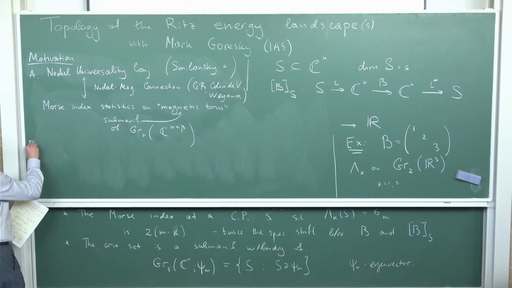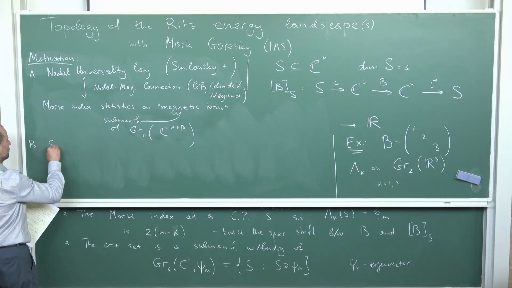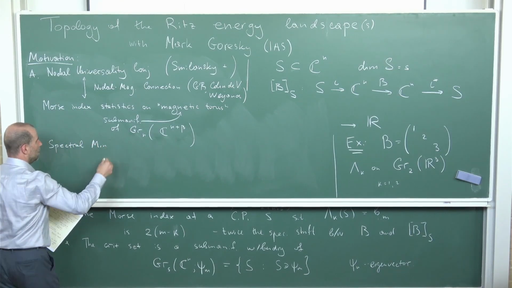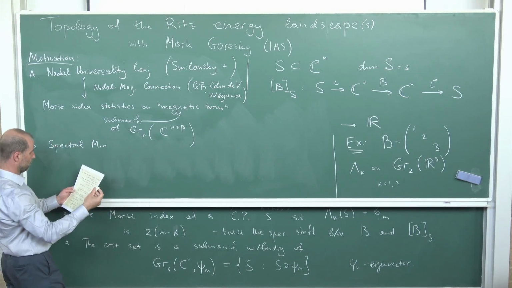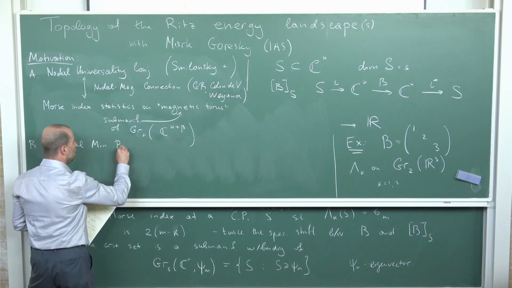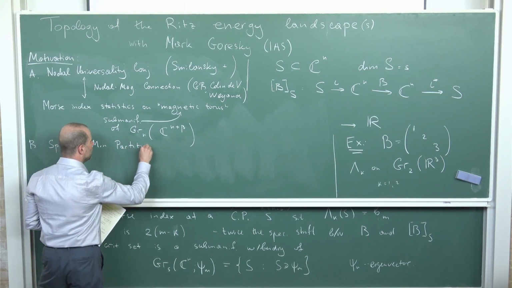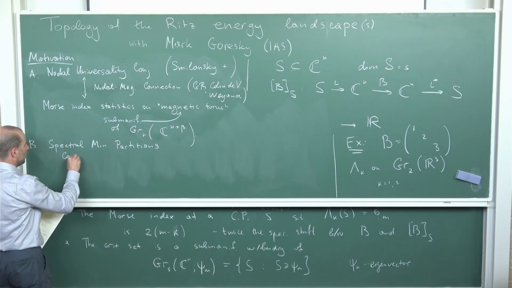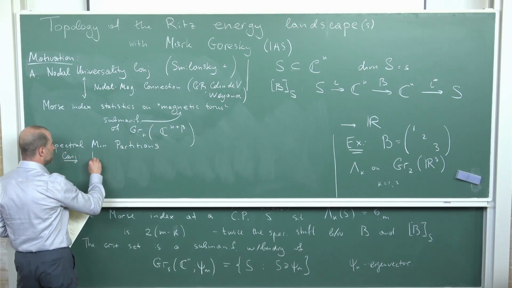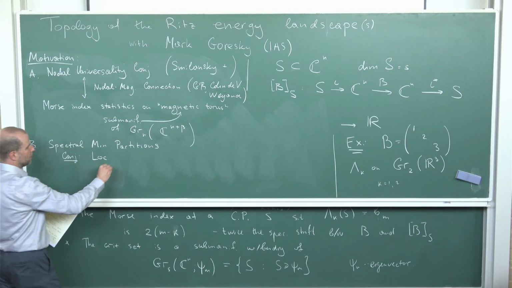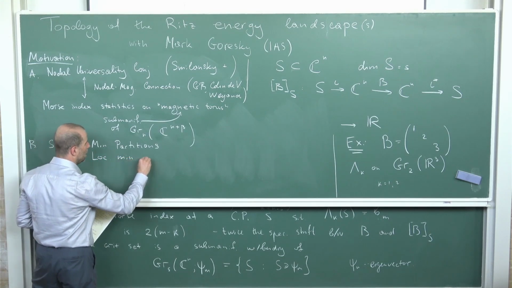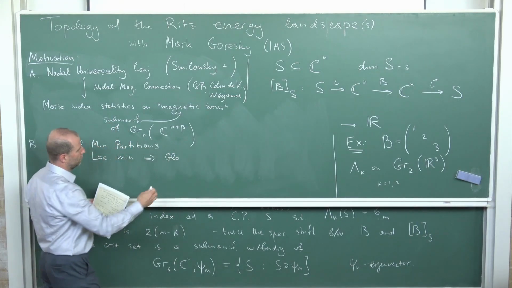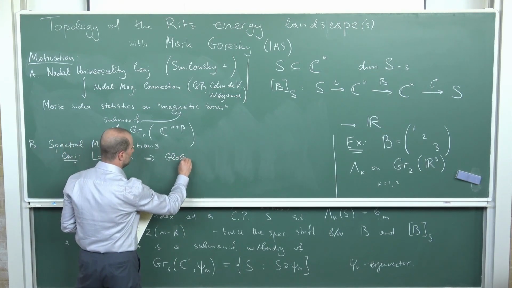Another motivation is in spectral minimal partitions, a question introduced by Susanna. There is a conjecture that once you find a local minimum of your partition, it is the global minimum in a class of partitions of the same topology.